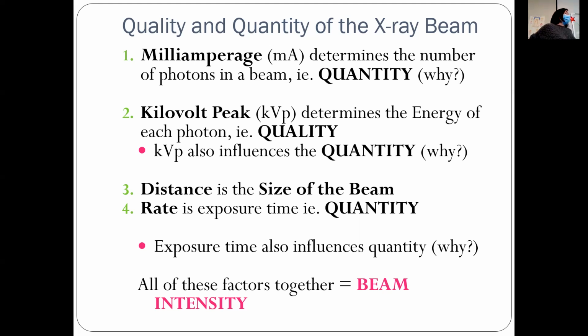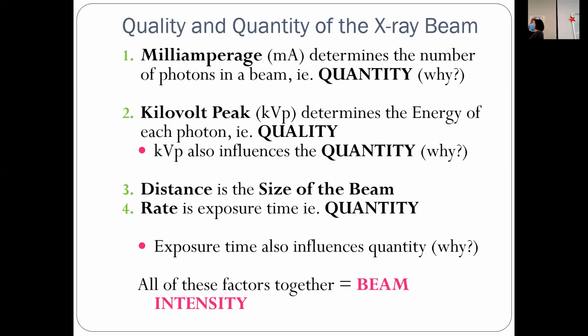And some of you might know, probably. The second one here says there's a Y after it. So the kilovolt determines the energy of each photon, but it also affects the quantity, and why?